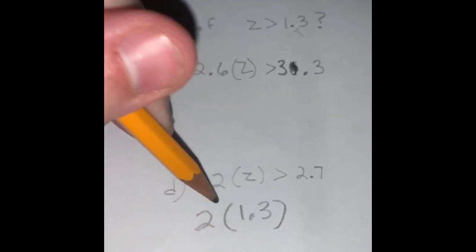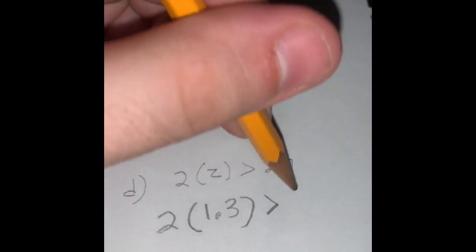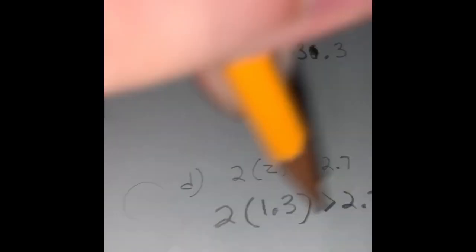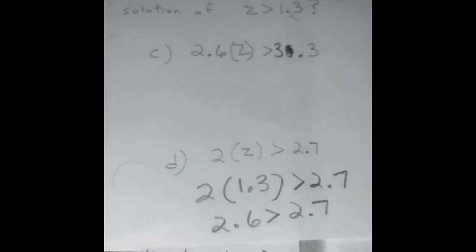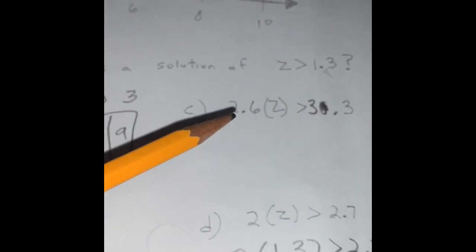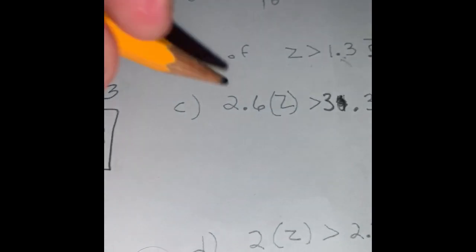I know that when the numbers are smushed together, that is multiplying. So I'm going to multiply 2 times 1.3 and get 2.6 is greater than 2.7, which I know to be incorrect. Lastly, I have 2.6z is greater than 3.3.